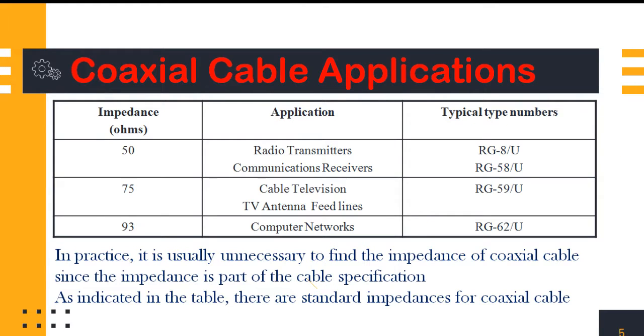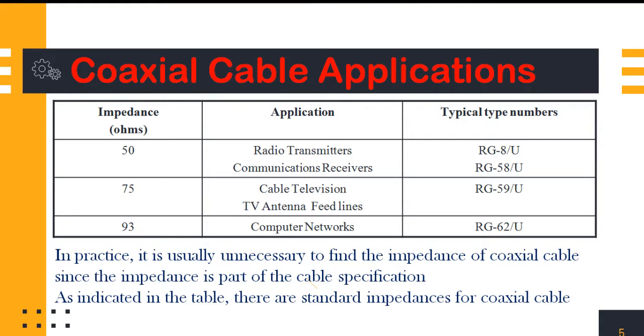Now, we can see here the coaxial cable applications. There are different impedances. We know that the impedance is a part of the cable specifications. So here, the 50 ohm impedance is used in radio transmitters and communication receivers, with typical type numbers RG8/U and RG58/U. Similarly, the 75 ohm impedance is used in cable television, TV antenna feed lines, with typical type number RG59/U.